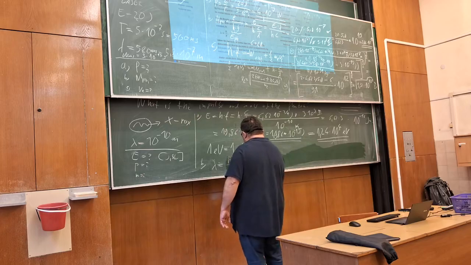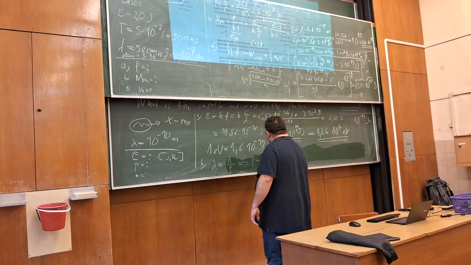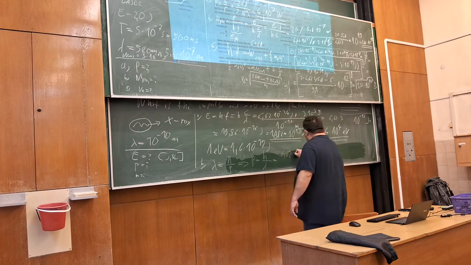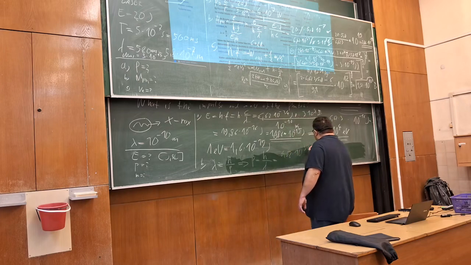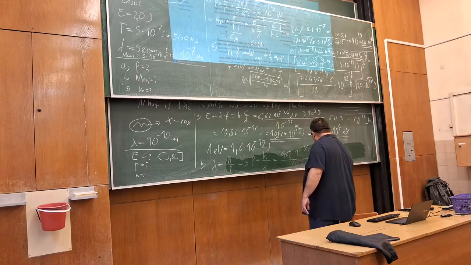So from this, the p is from h per length. So this is, and now the dimensions are fine.